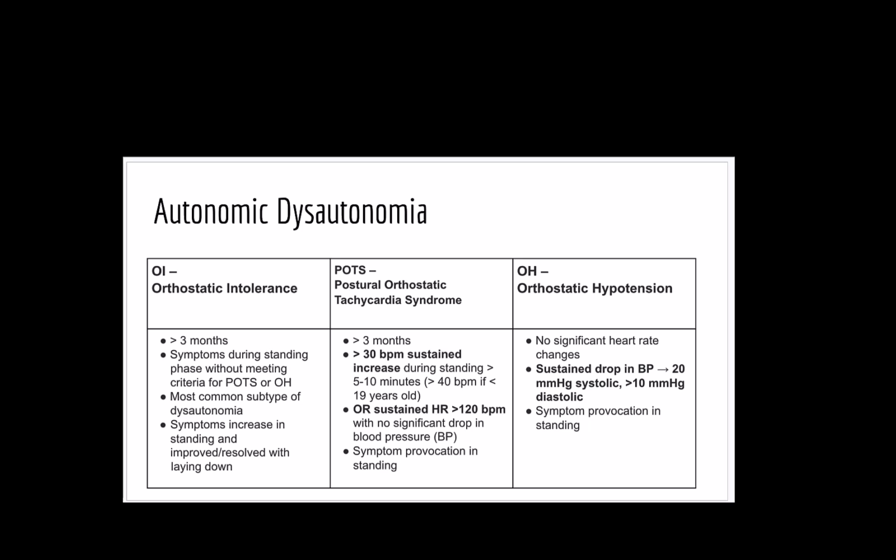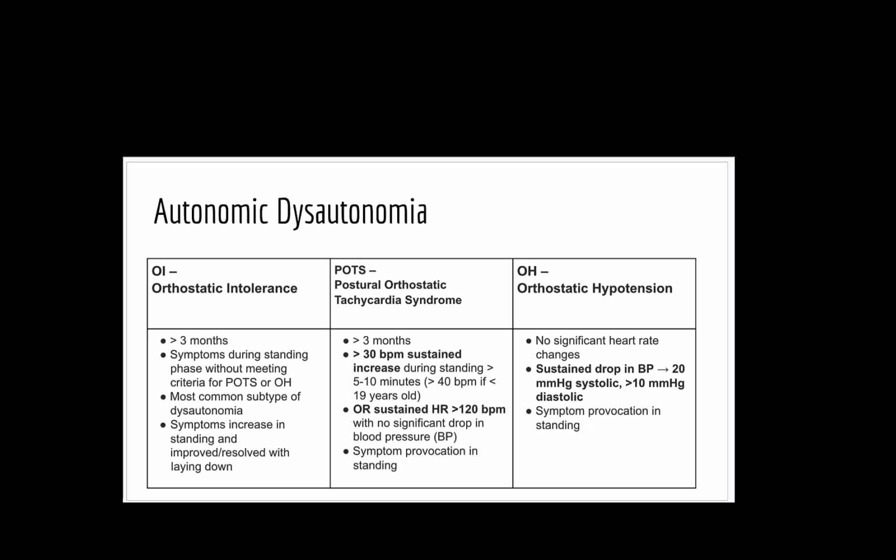As far as autonomic dysfunction goes, there are three major categories I'd like you to feel comfortable with. The first is actually on the far right. It's the one you're probably the most comfortable with or have heard before, orthostatic hypotension. Understand that typically we get symptom provocation when changing positions, moving from supine to sitting, sitting to standing.